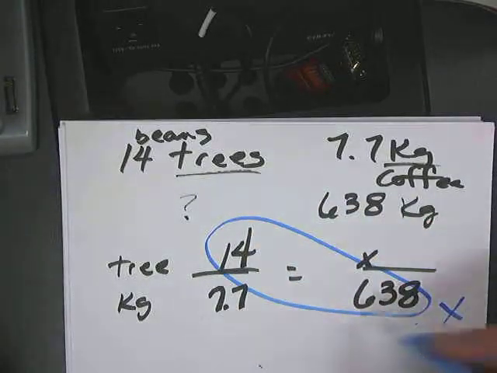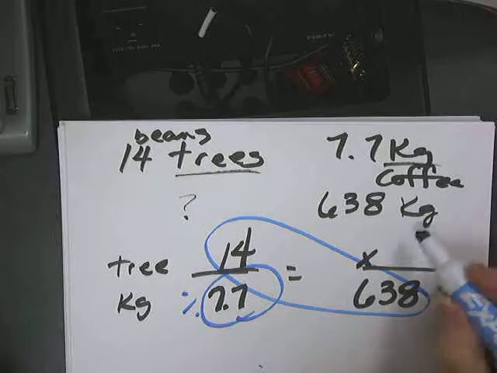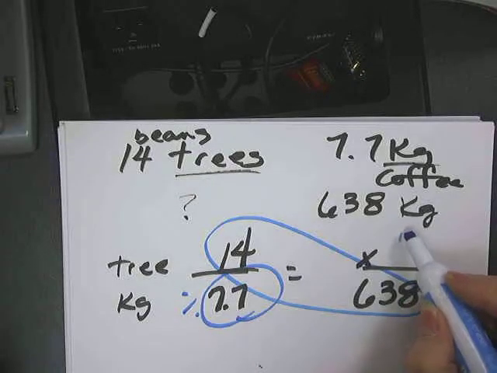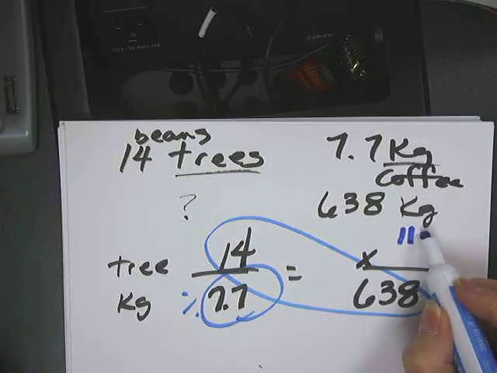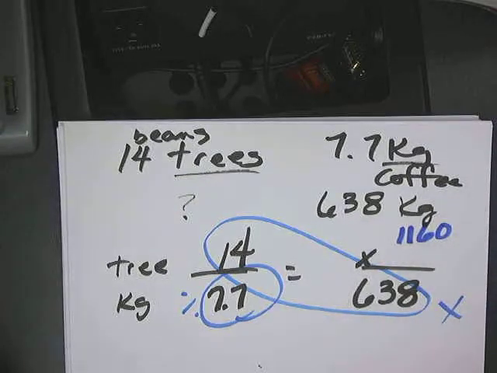So what do you do to figure it out? Multiply, divide. How many? 68,776.4.